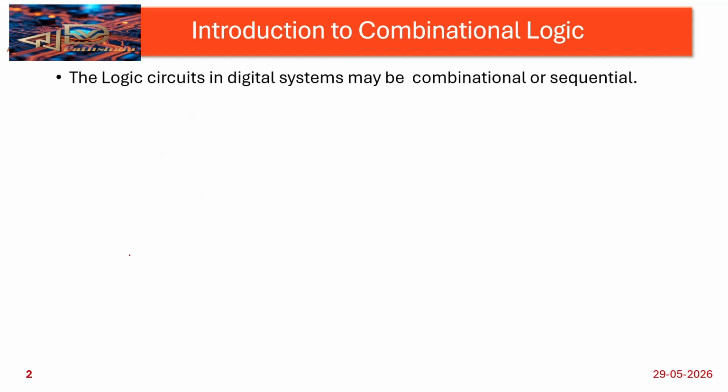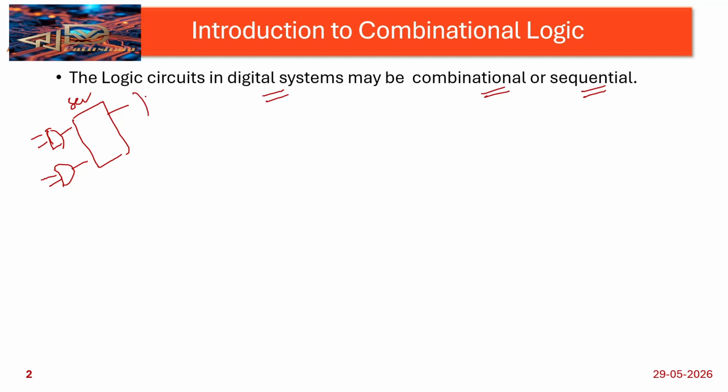So, what is meant by combinational circuits? Logic circuits in digital systems, whatever hardware you are designing, is a combination of either combinational or sequential circuits, right? Whatever logic circuits we are designing in our digital system, suppose this is my AND gate or OR gate I am utilizing. This should be connected to one sequential circuit, and again this output is connected to combinational circuits.